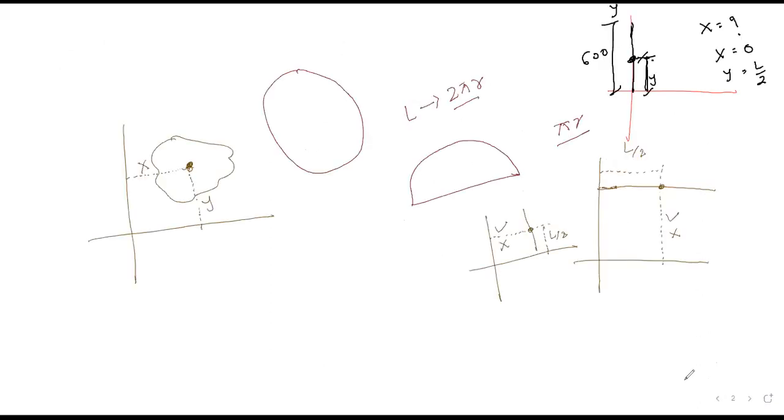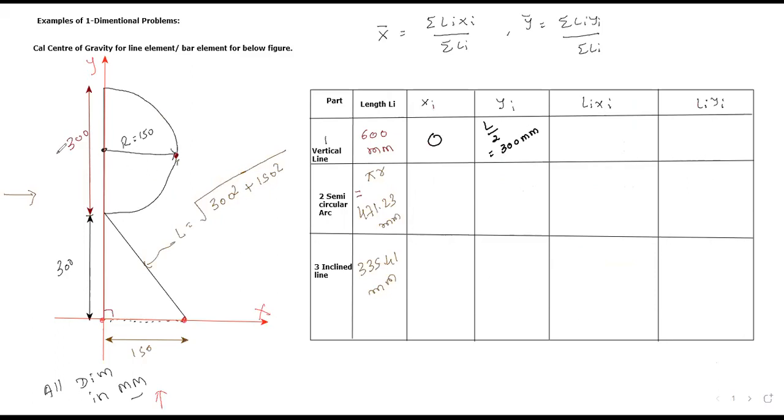Now tell me, in the given data, your semicircle is symmetrical about which axis? Yes, x-axis.